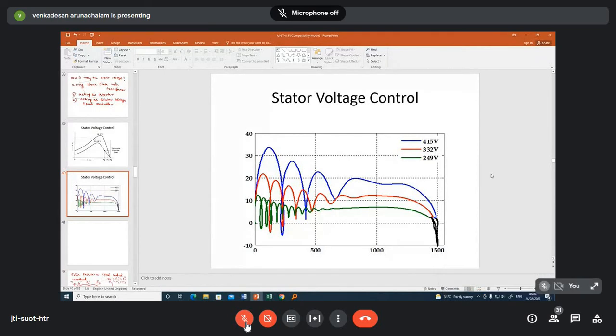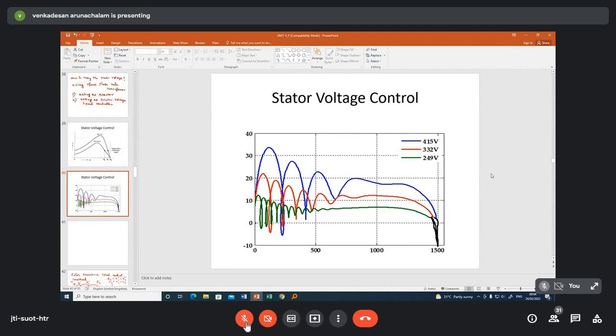This is the torque speed characteristics of an induction motor drawn using MATLAB simulation. I have taken one motor and varied the voltage, and for various voltages I have drawn the torque speed characteristics of the induction motor.